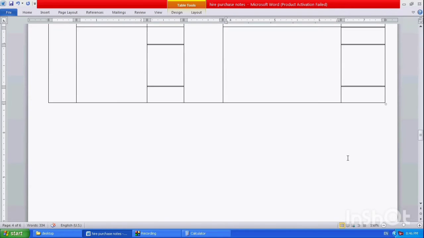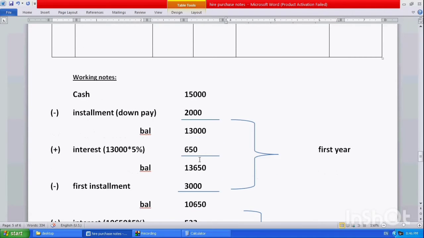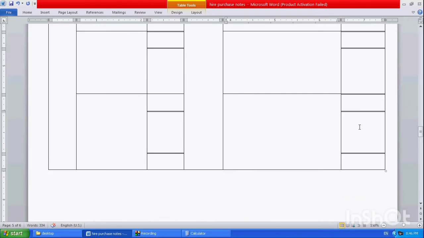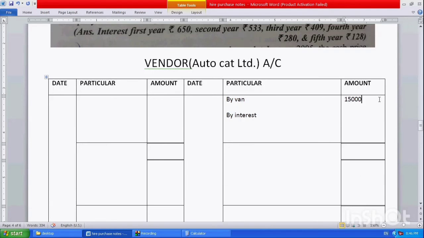First let's do one thing. We have prepared working notes just now. Now directly, what is the interest? 650 is the interest, and overall 15,650 is the tally balance, ledger balance.